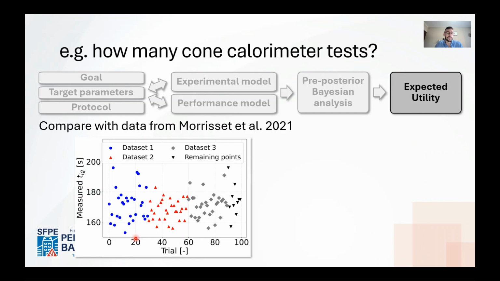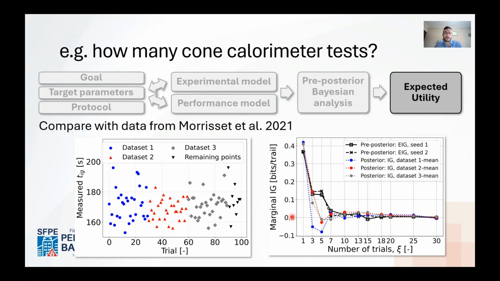Here you see 100 realizations of measured ignition time in an experimental campaign. I divided them in 3 datasets of 30 trials each, and I checked the actual information gain these tests give us and compare it to the expected information gain we get from the pre-posterior analysis.